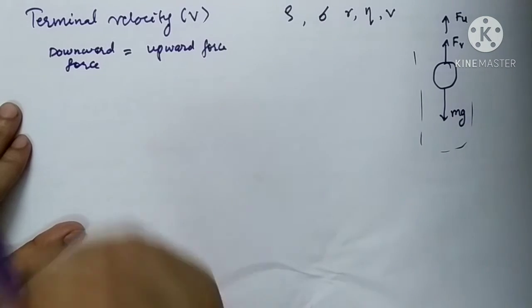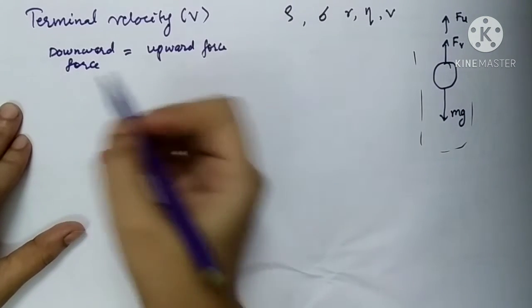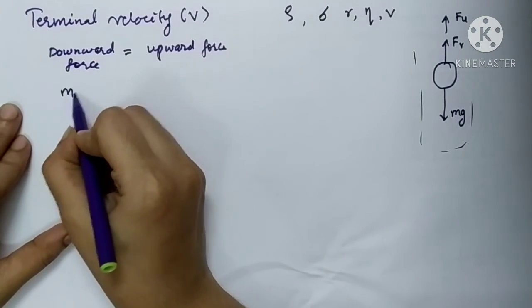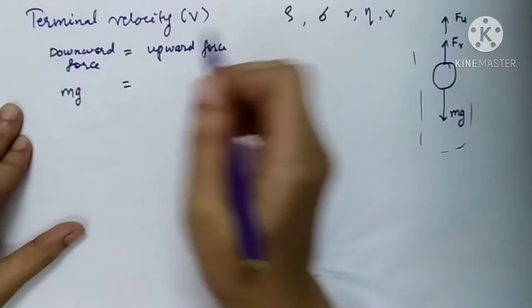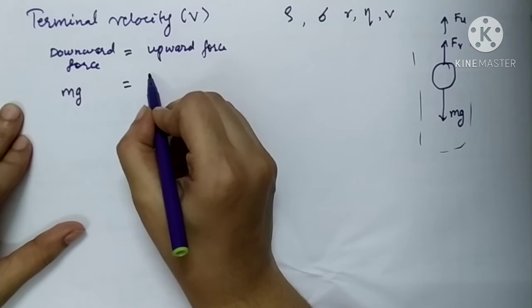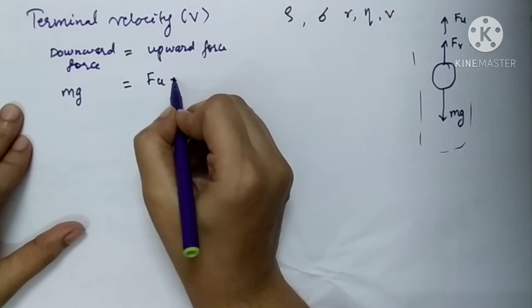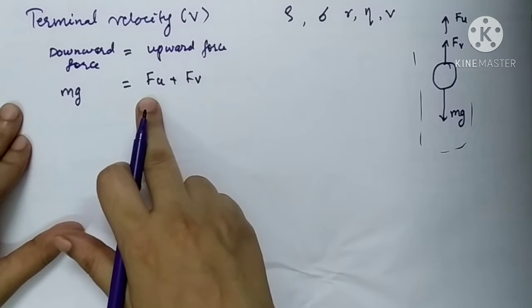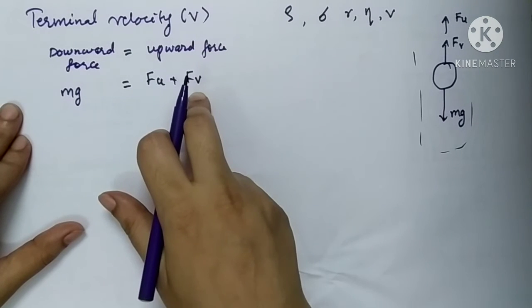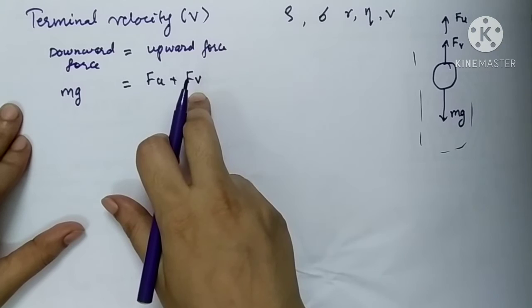So downward force, we all know that the downward force is mg is equal to, what are the two upward forces? Fu plus Fv. Upthrust or buoyant force, and this is the dragging force.